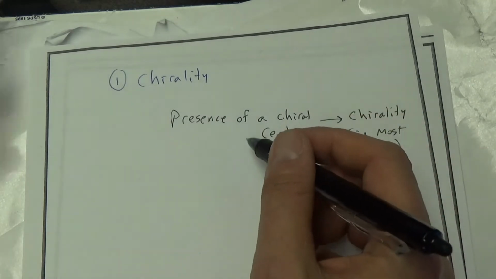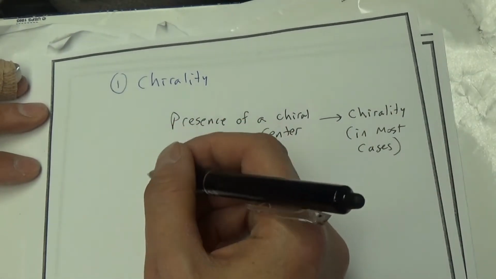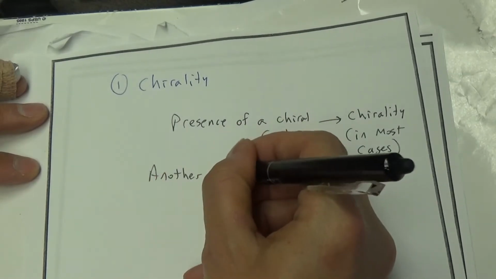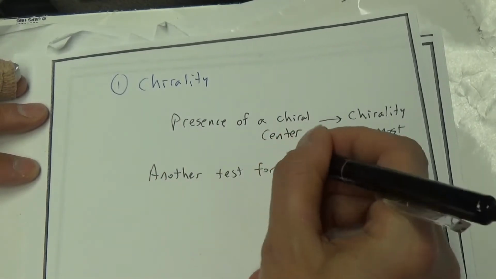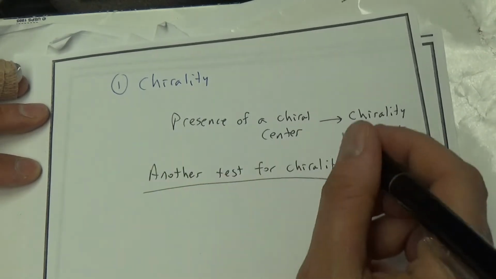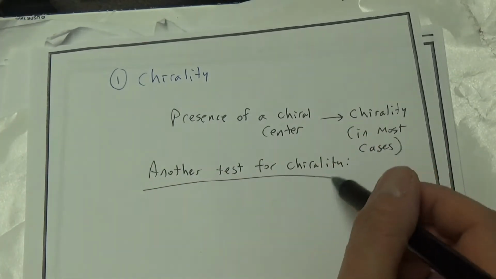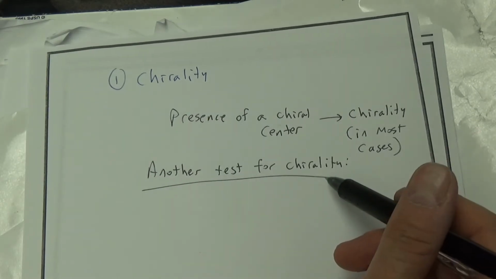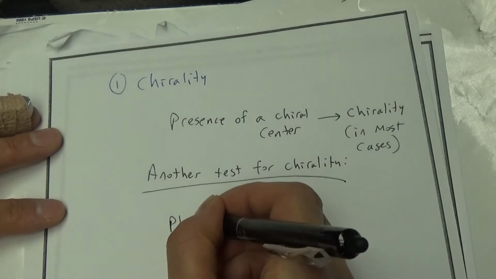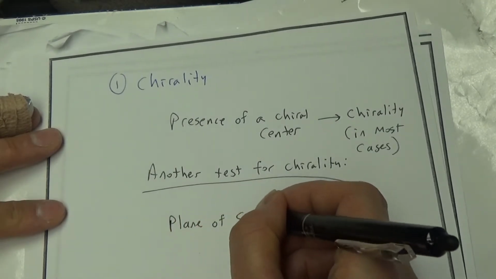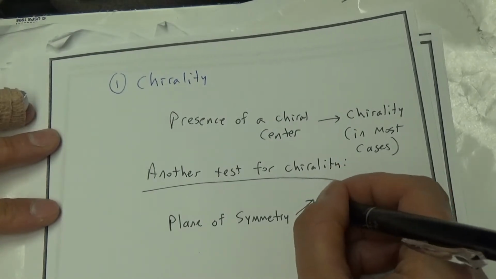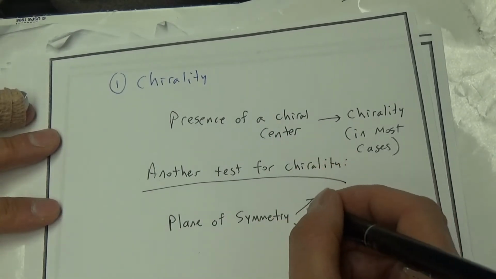Okay. But there's another test for chirality, maybe a little more general, and that is if we have a plane of symmetry, it's either present or not present, right?